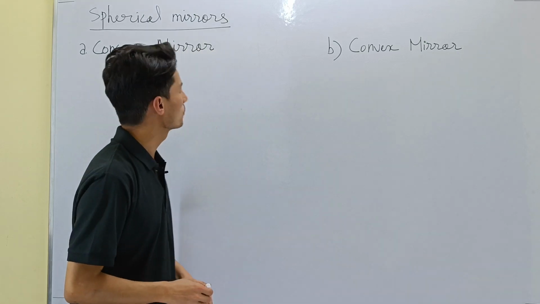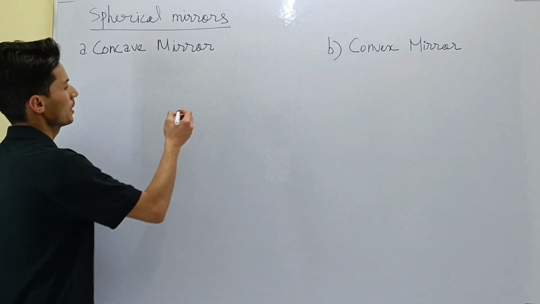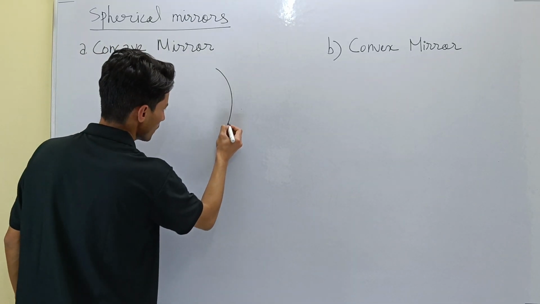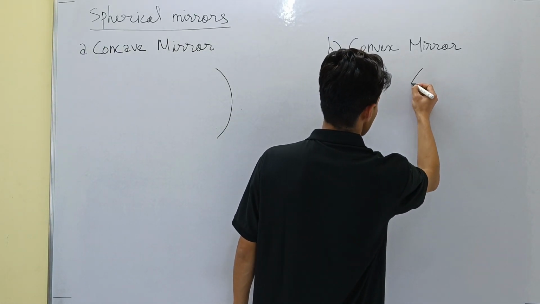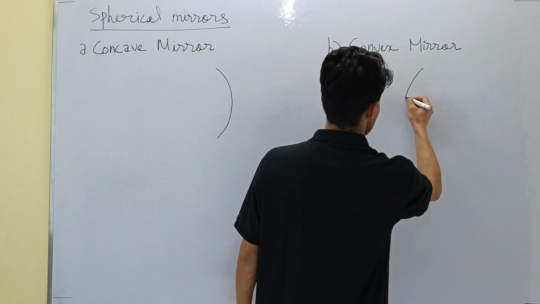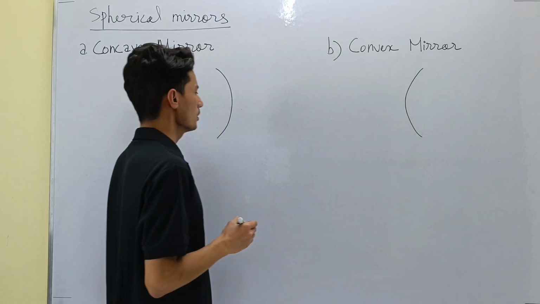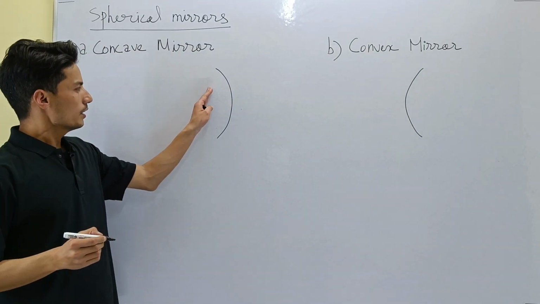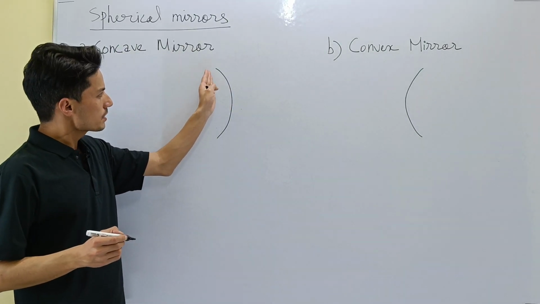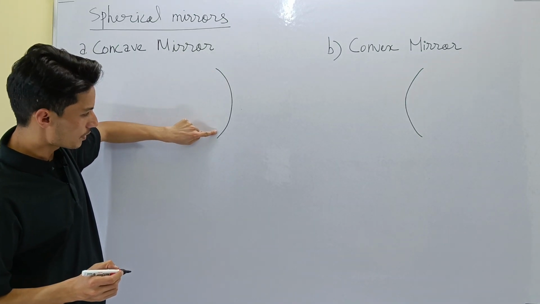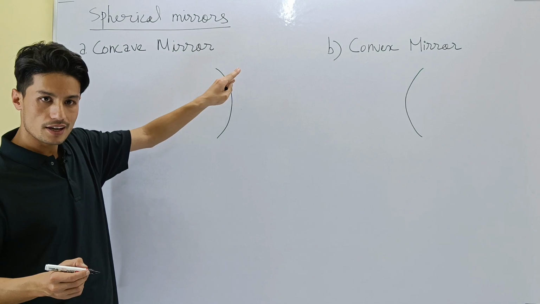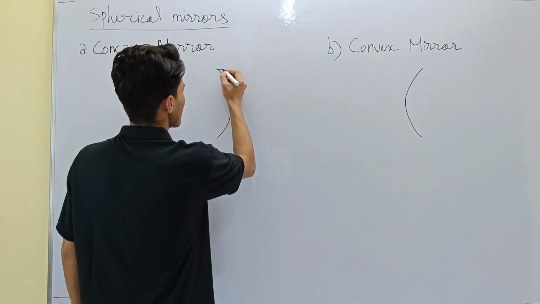We will draw this also. So a concave mirror, I will draw like this, and a convex mirror, I will draw like this. Here the reflecting surface is the curved part. So inside this part is the reflecting part. The non-reflecting part I will show like this.